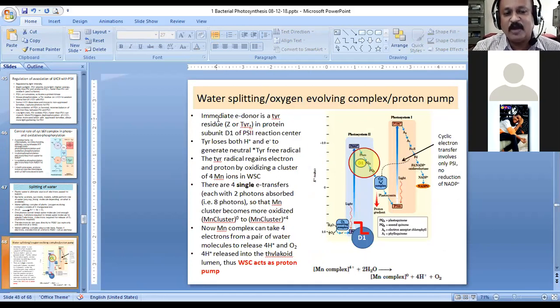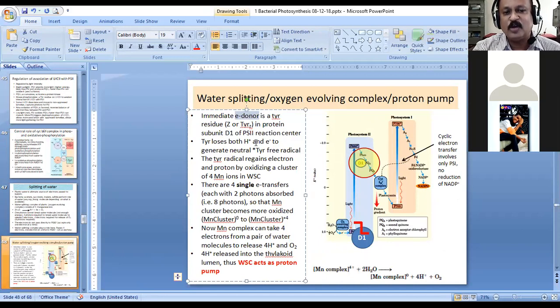Now what happens is there is an electron donor, which is a tyrosine residue, that is called Z tyrosine, or tyrosine Z. This particular tyrosine residue is present in the D1 protein of the photosystem 2 reaction center. We have already seen this D1 protein that was involved in photosystem 2.